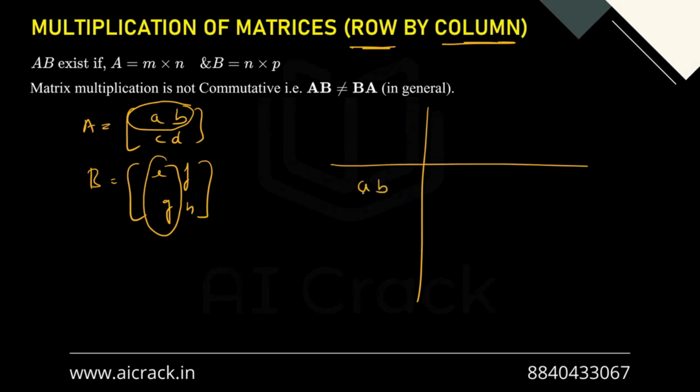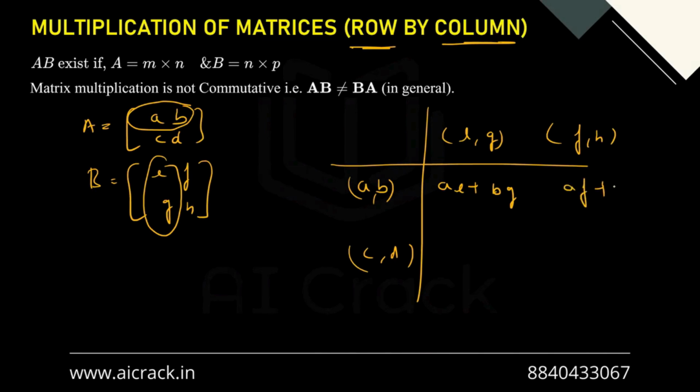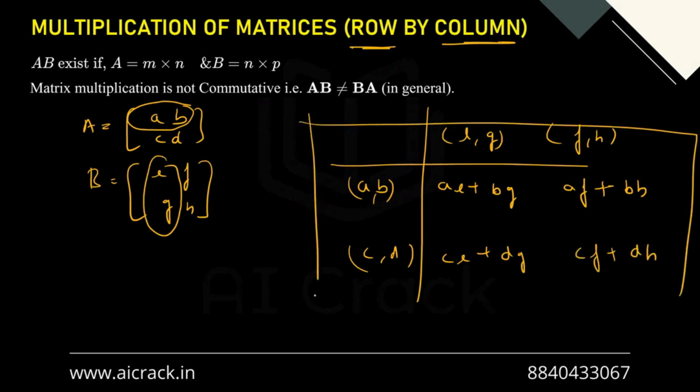I'll explain that in this matrix format. I'll write A, B over here, and C, D over here. I'll write E, G over here, but like a column, and F, H over here like a column. Now I'll multiply A and E plus B and G. Again, I'll multiply A and F and add B and H. Then C and E plus D into G, and C and F plus D into H. I tend to remember it with this method, or a different method.